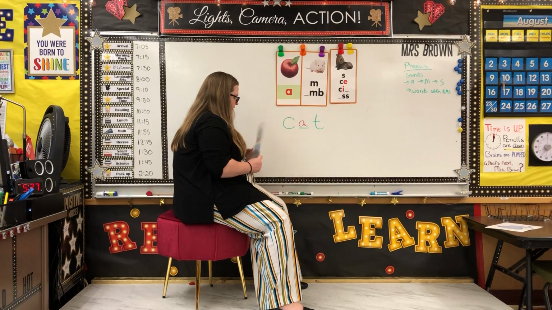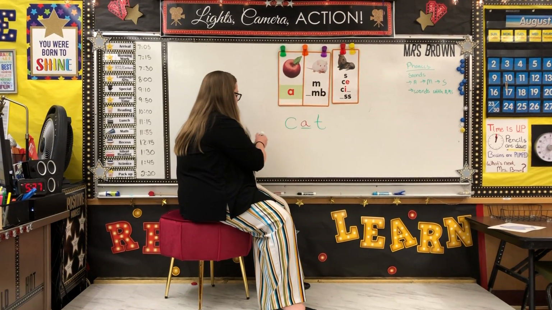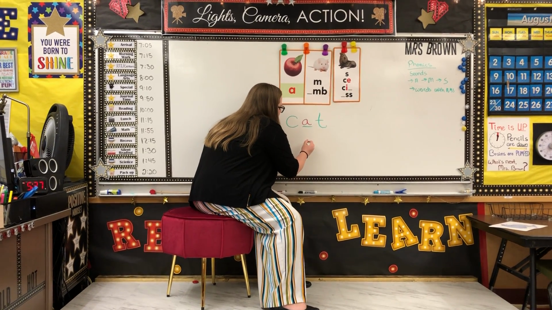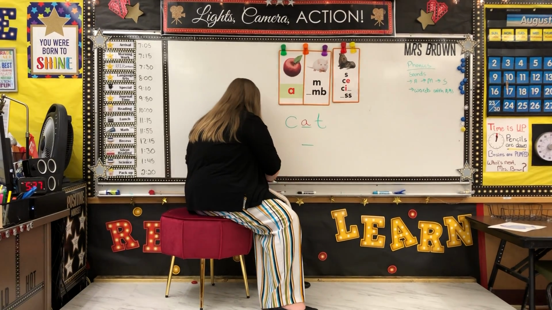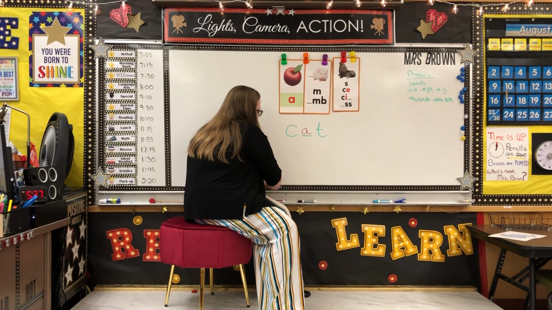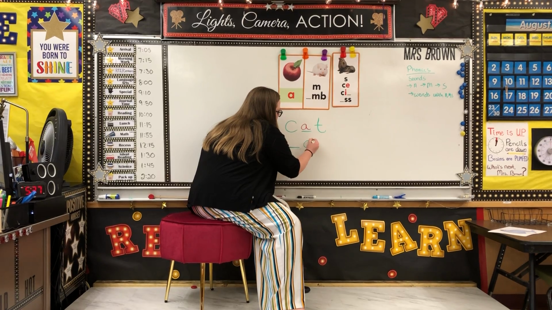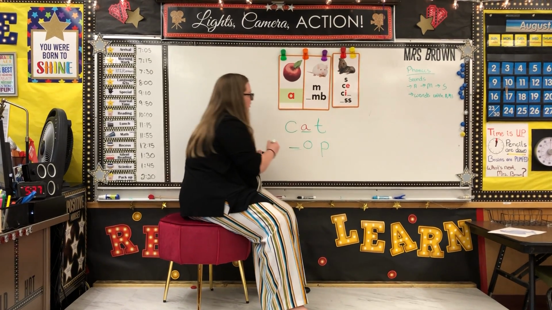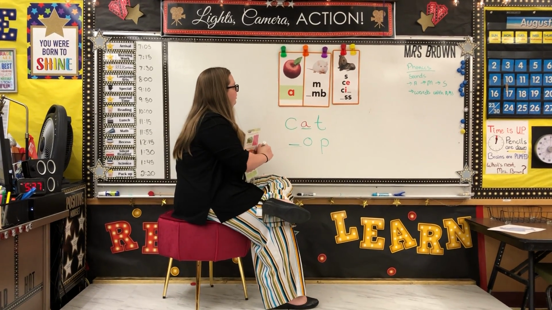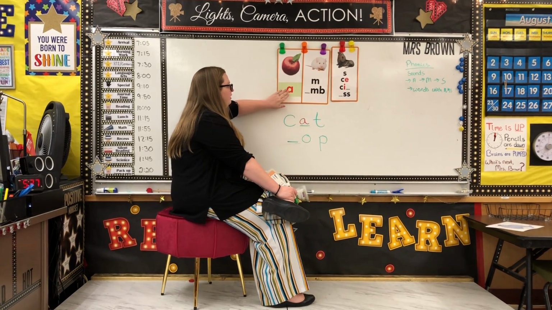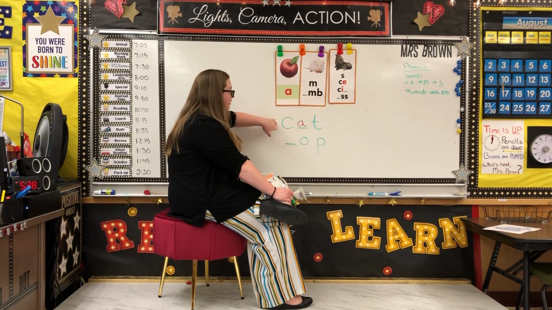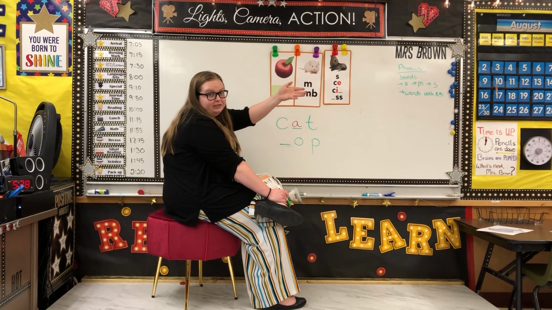Now let's see if I can come up with another one. How about... no, that's not what I want. All right, here we go. Let's try the A this time. Since it worked for the last one, maybe this is our magic letter.